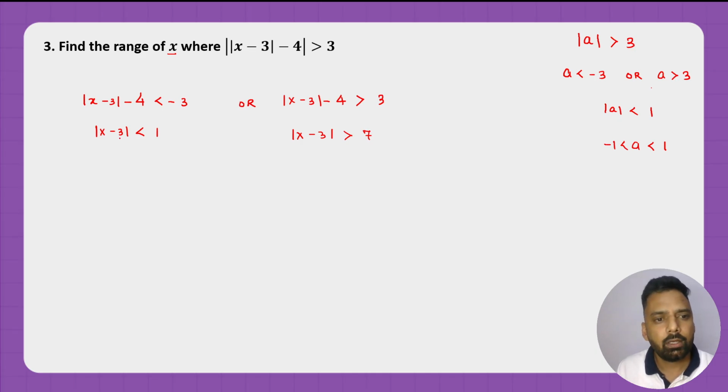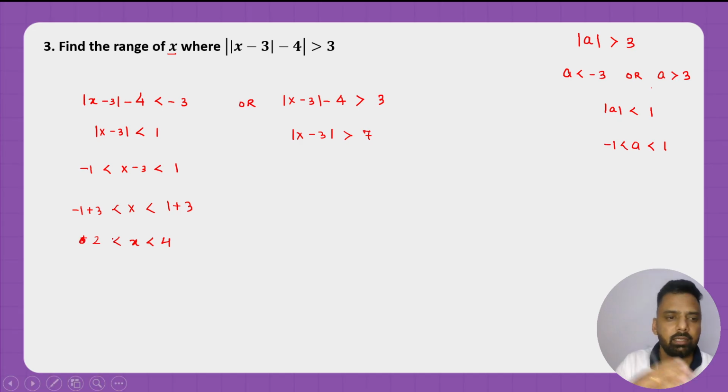So it will be minus 1, x minus 3, and 1. Let's simplify this. Add 3: minus 1 plus 3 is 2, x, and 1 plus 3 is 4. So one range is that x has any value between 2 and 4.